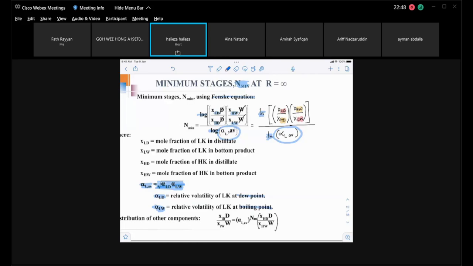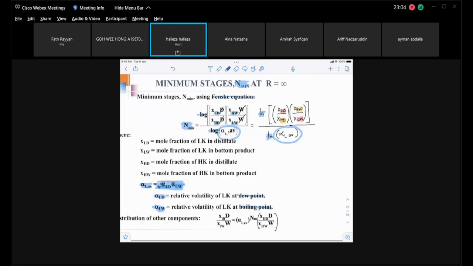So the composition of the light key and the heavy key will be different, meaning it depends also on the distribution of A and D. So your N min is based on that assumption earlier.